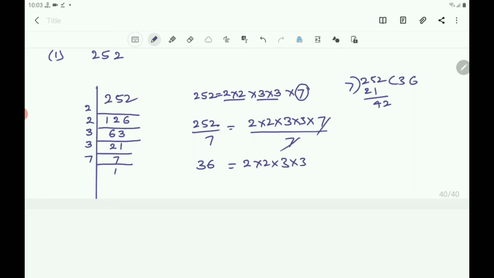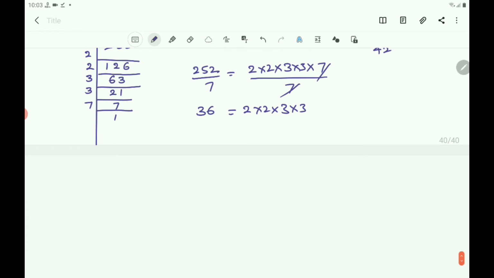This 7 and 7 cancels. Now 36 equals, make the group of 2, 2 into 3 whole square. So you take square root of 36 equals 2 into 3, that equals 6. In this way, here 252 is to be divided by 7 to make it a perfect square.